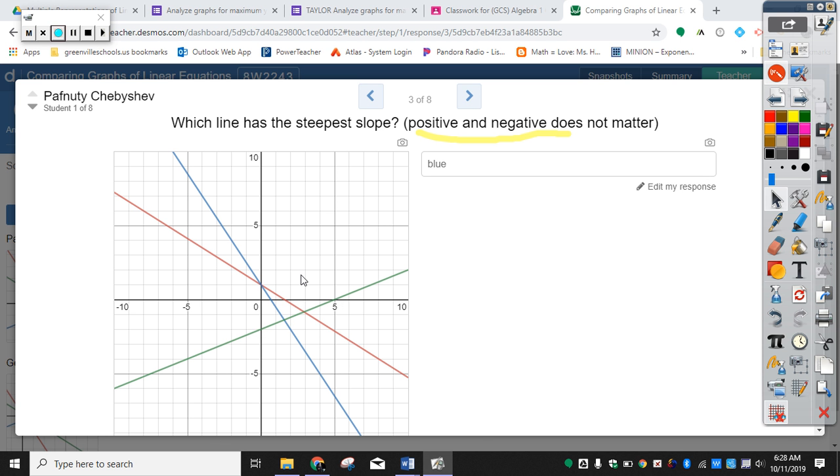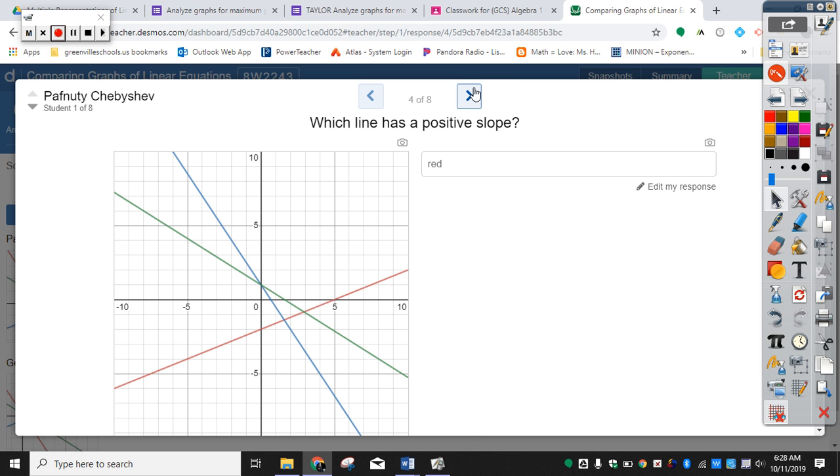But when you're talking about steepness, you're talking about the greatest rate of change, no matter if it's positive or if it's negative. So when I compare these 3 lines and I'm talking about rate of change, this blue line has a greater slope. If I was on a go-kart and I was riding this line downhill, this blue line would give me the fastest ride. So the blue line has the steepest slope.